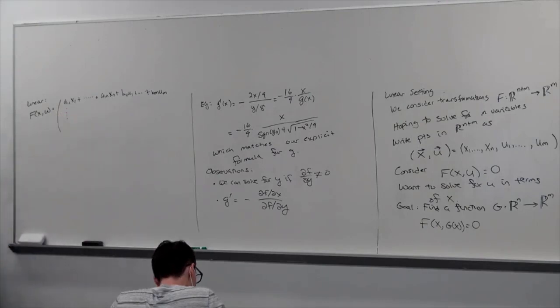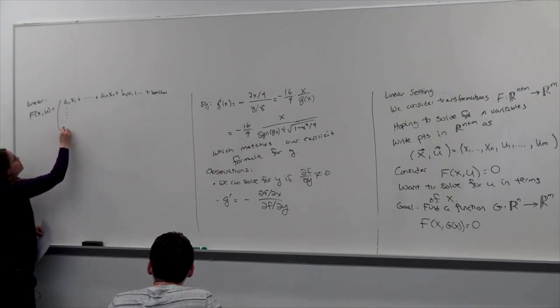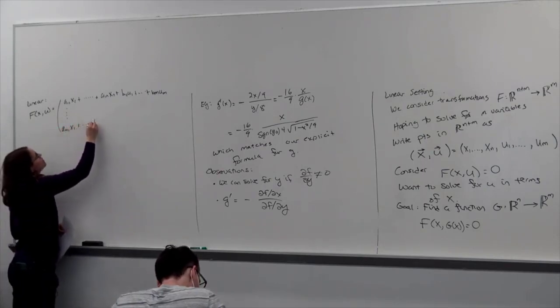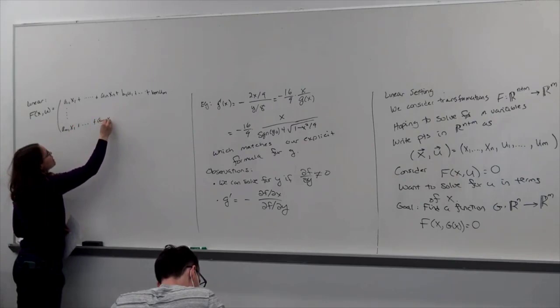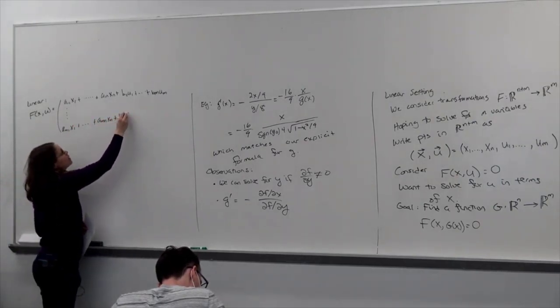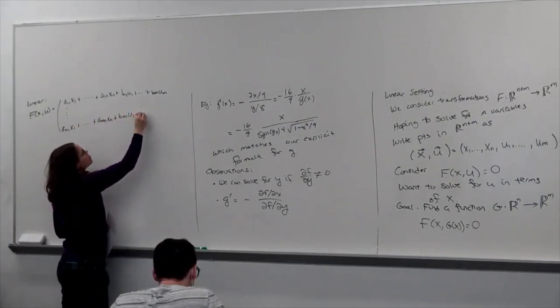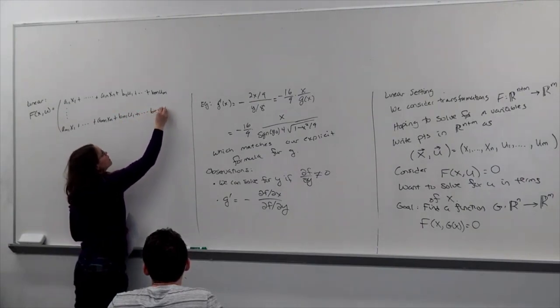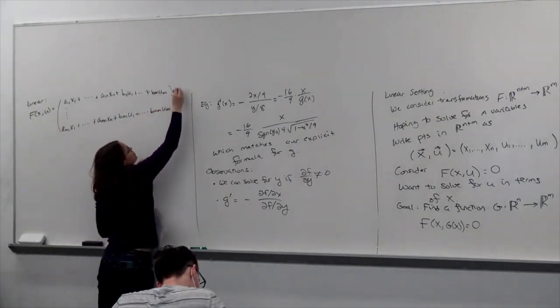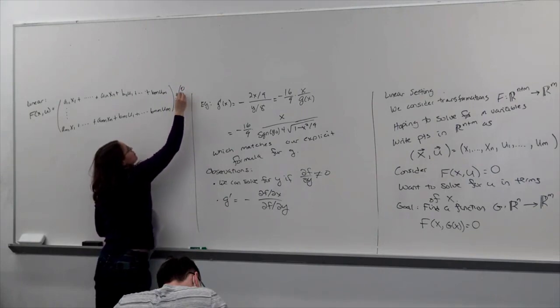All the way down, we said we have m equations. So I'm going to have am1 x1 plus up to amn xn, plus bm1 u1 plus up to bmm um. And we want this to be equal to the 0 vector.